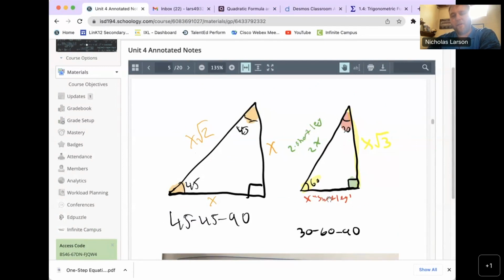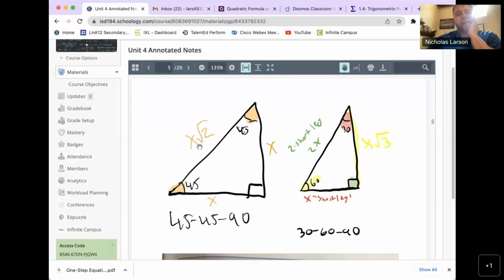So whatever your short leg is, you multiply by 2 to get your hypotenuse. And across from the 60 is what we call the long leg. To get your long leg, you take your short leg and multiply by the square root of 3.